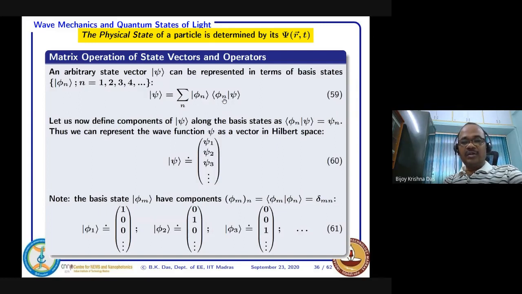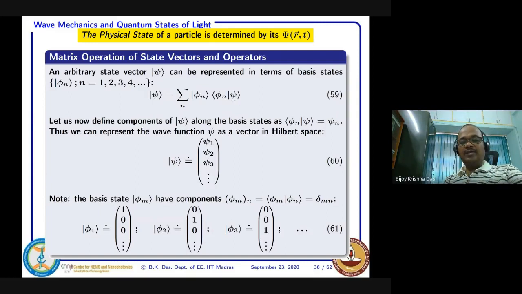So this bracket phi n and psi means you are taking an inner product between phi n and psi, meaning basically a dot product in vector algebra.